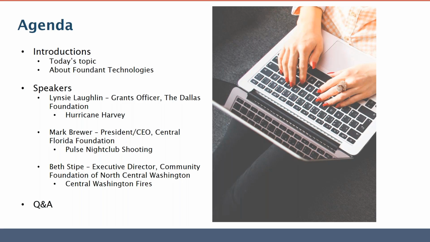And interestingly, as we were preparing for the webinar, the speakers discussed how this type of philanthropy almost becomes a kind of club. It's one that no one really wants to join, but once you're in, you're a lifetime member. Today's webinar will give all of you some things to think about and hopefully to consider planning before your organization may be called to act in a similar fashion.